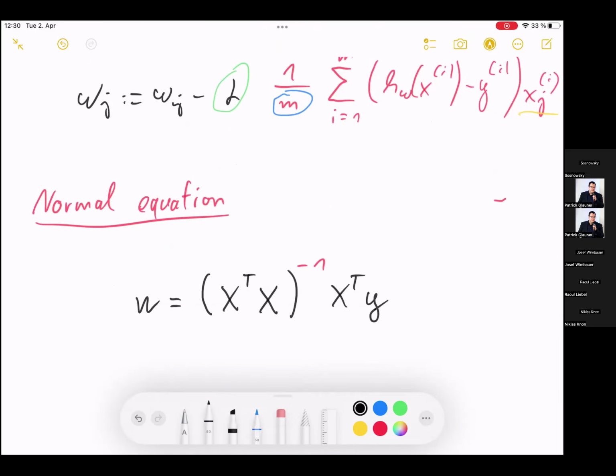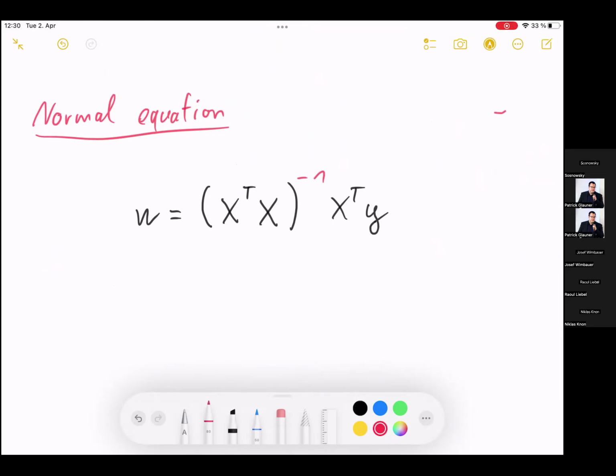That's something I don't need here either for my normal equation. But the normal equation may be slow when these matrices get very large, because matrix inversion is O of n to the third, at least the naive one.